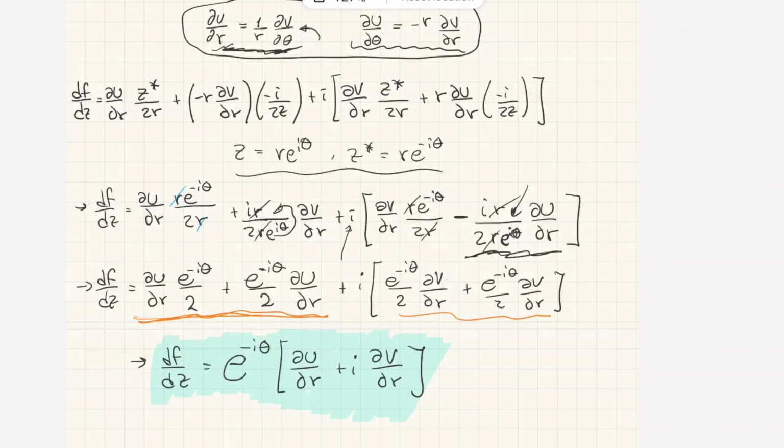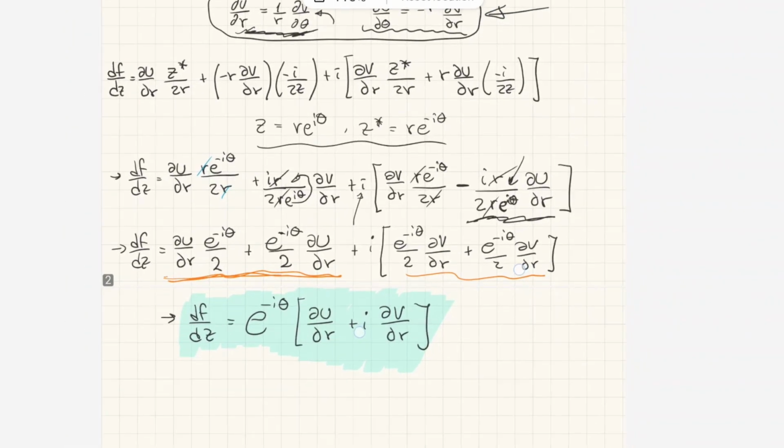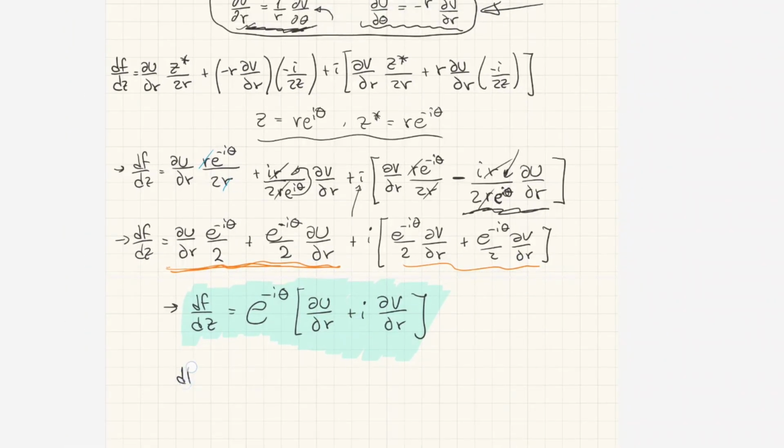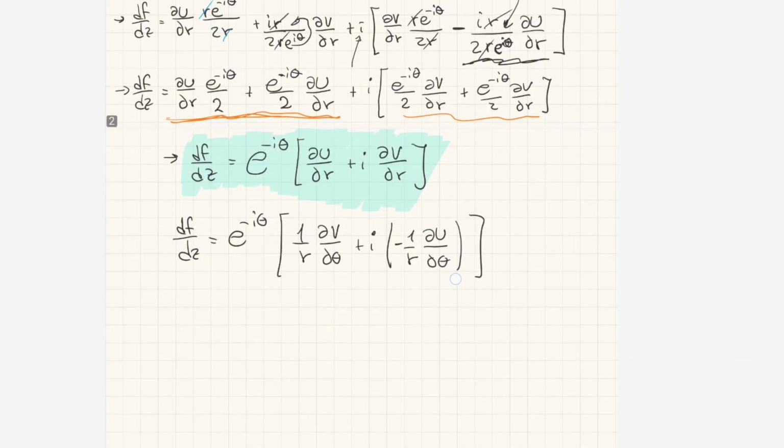So we are going to use these relations to get that the derivative of f with respect to z is equal to e to the negative iθ that multiplies the derivative of u with respect to r, but that is 1 divided by r, the derivative of v with respect to theta, and then plus i, the derivative of v with respect to r, but that is minus 1 divided by r, the derivative of u with respect to theta, like this.